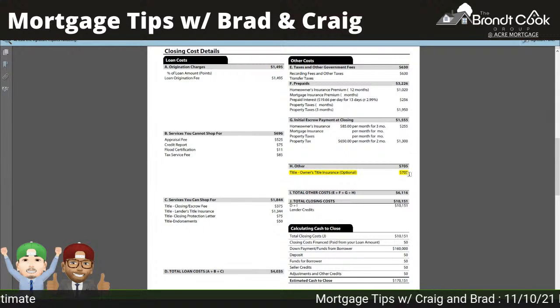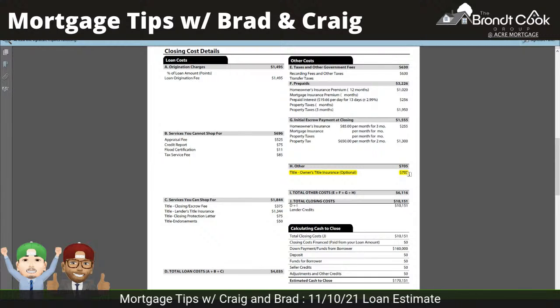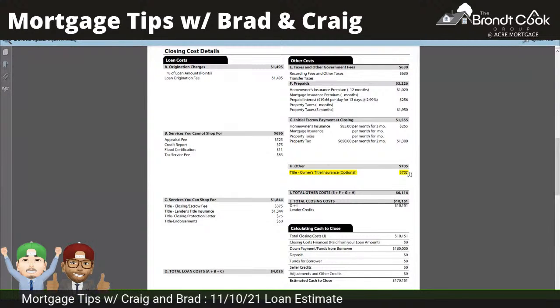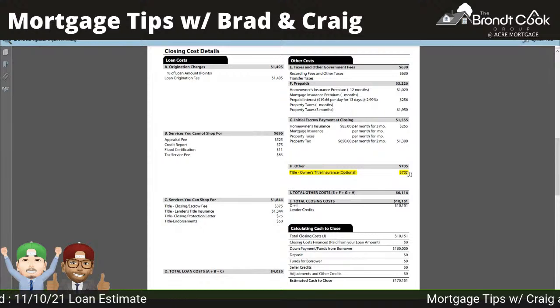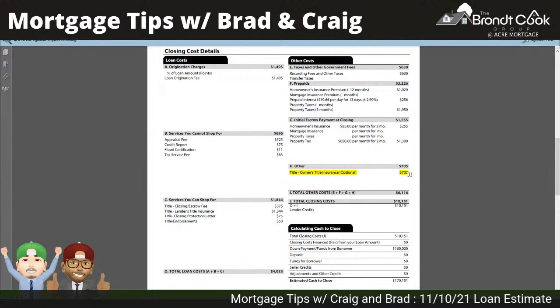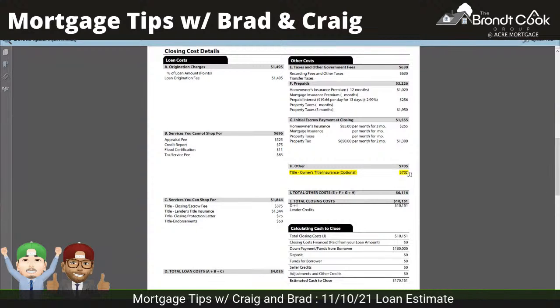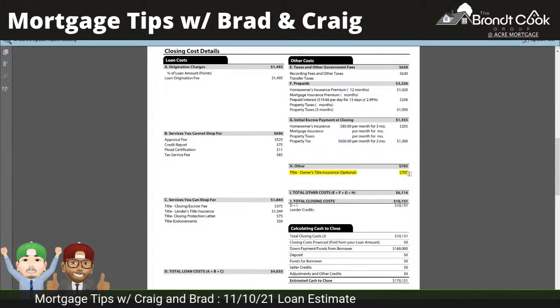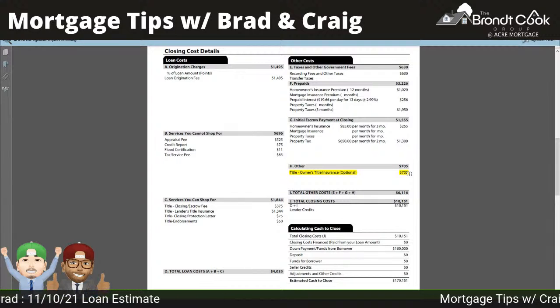The neighbor's garage isn't sitting in your backyard, for instance. So that is a typical cost. I would say 9 out of 10 transactions, there is a survey done. You can pay anywhere from $400 to $500, $600, $700 or more, depending on the size of the property and the amount they're surveying. But that would be another cost in this other section that you guys can count on paying, unless you elect not to get one, which most people don't.